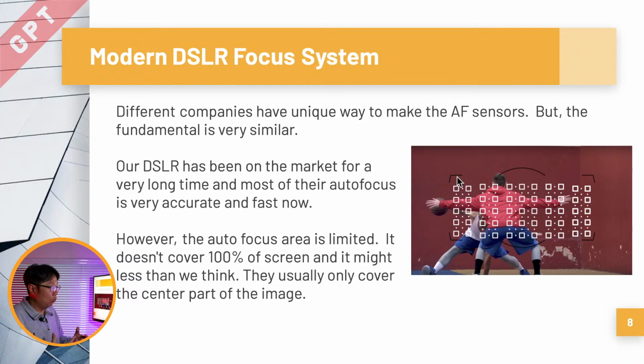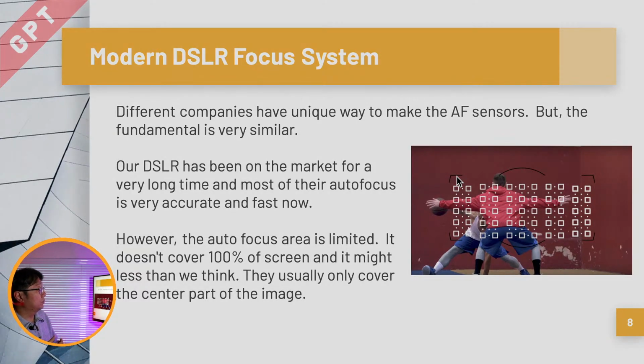This is the way to get what we want for the composition and still get relatively sharp photos, okay? But of course, there is a chance that you will lose the focus as well, because it takes more time.